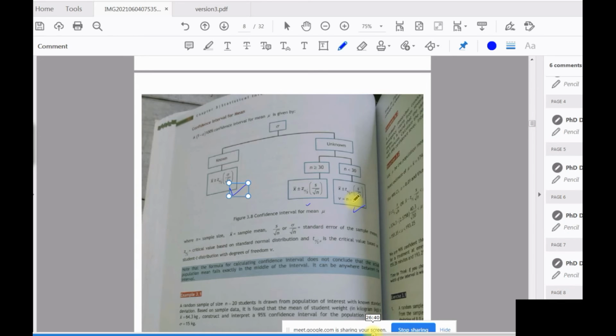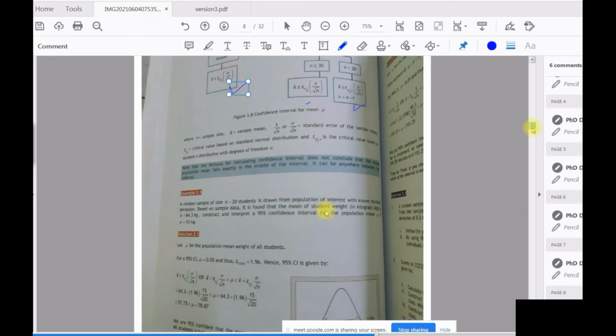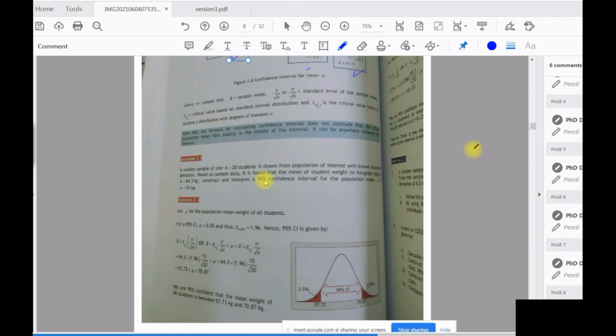So we have known data and unknown data, where unknown data is if n is greater than or equal to 30, and for n less than 30 we have these two formulas. So we need to identify first whether it is unknown data or known data. So this is an example. A random sample of size n equals 20 is drawn from the population of interest with known standard deviation.